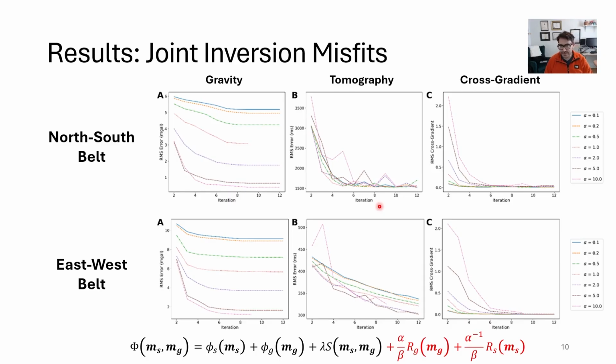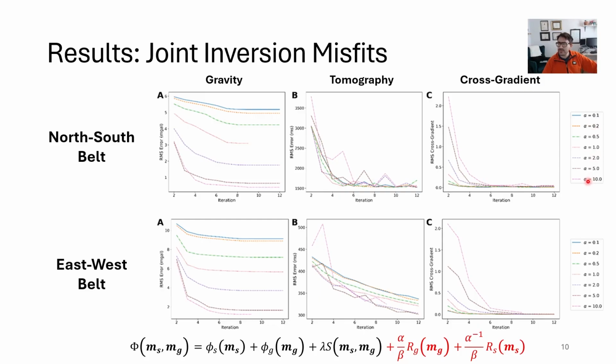All right, so here's some results. What we're seeing here are representations of different parts of the objective function I showed earlier. So we have misfits for the seismic tomography, with each iteration of inversion, misfits of the gravity inversion, again shown here, and then our structural enforcement cross-gradient shown here on the right. So we ideally want all of this to minimize. The reason there are several lines in each is these trade-off parameters that we're testing for regularization.